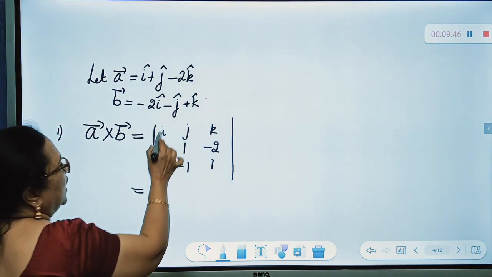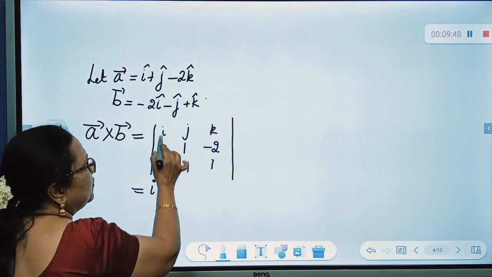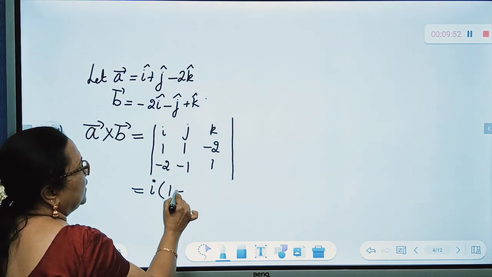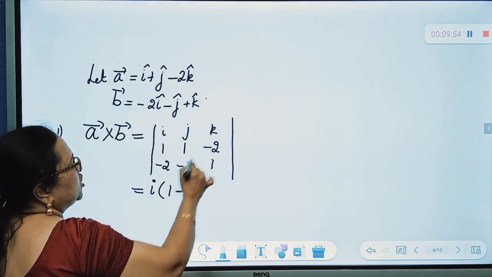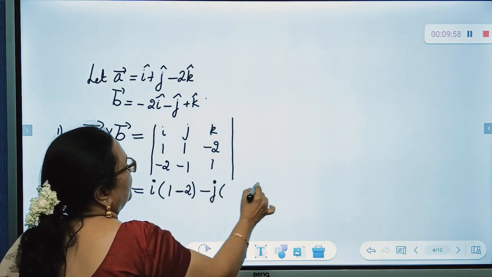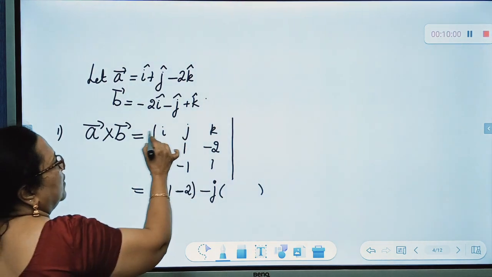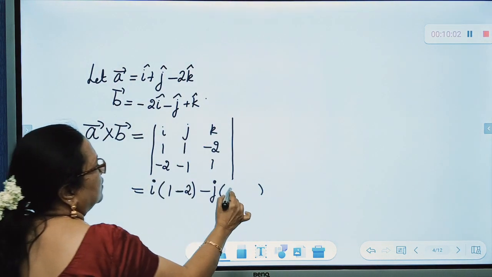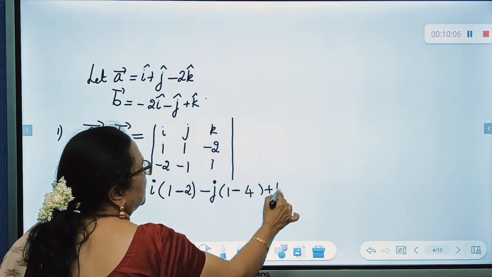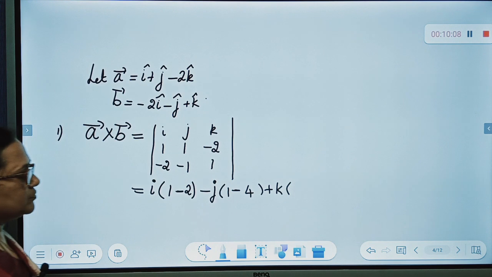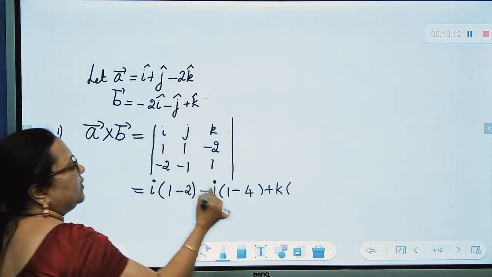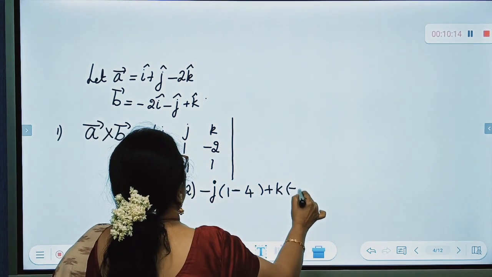how will you find the value of the determinant? i into, leave out that column, leave out that row, 1 into 1, minus product of this, which is 2, minus j into, leave out that column and row, so 1 minus 4, plus k into, leave out this column and row, I will get minus 1 plus 2.